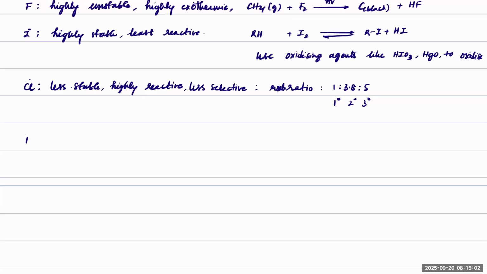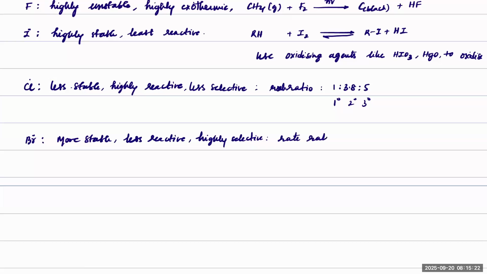For bromine, the radical is more stable, less reactive, and highly selective.